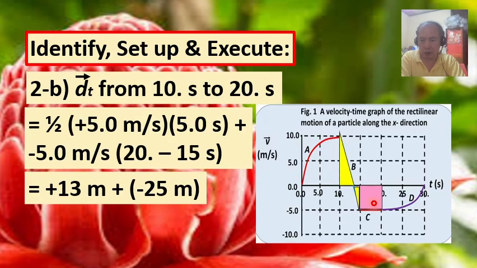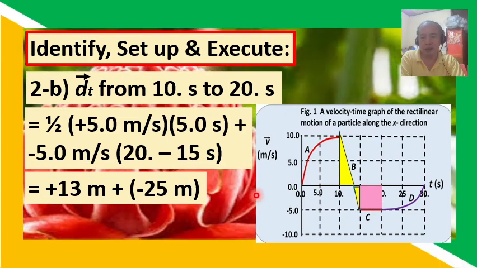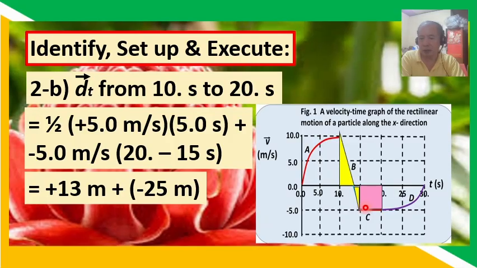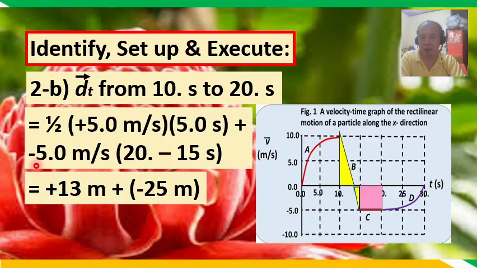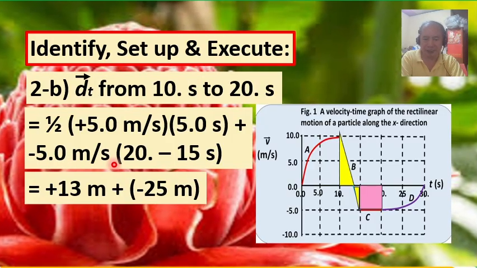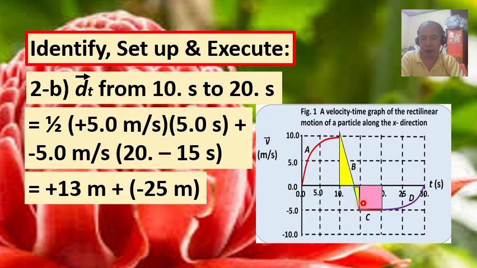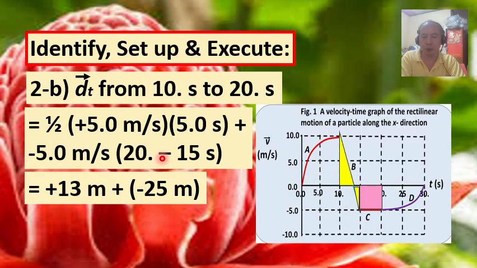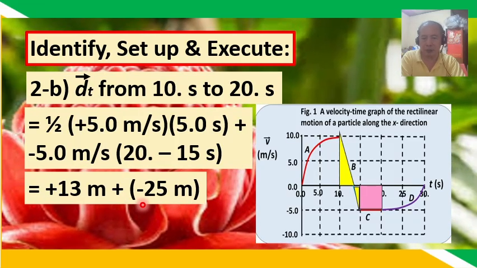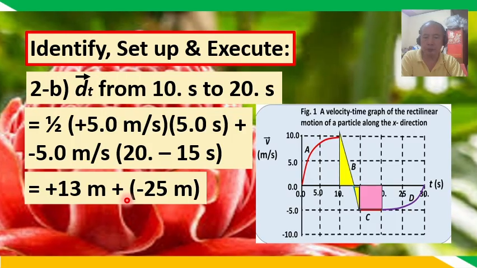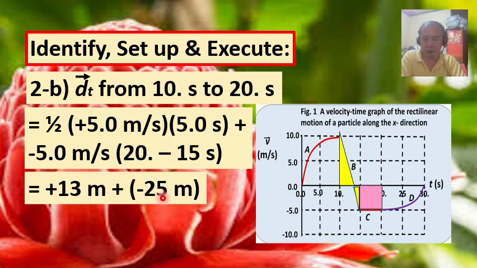And the area of the square is, of course, just the product of the two sides. One side corresponds to the change in the velocity, negative 5.0 meters per second, which when multiplied by the other side, which represents the time interval, 15 seconds to 20.0 seconds, will also give us a displacement equal to negative 25 meters.